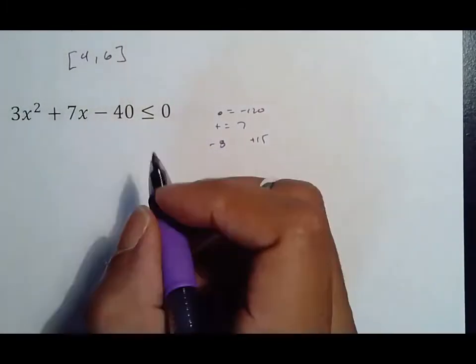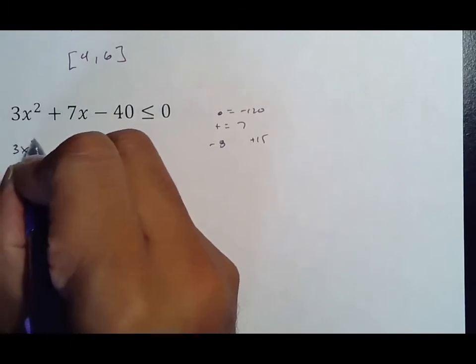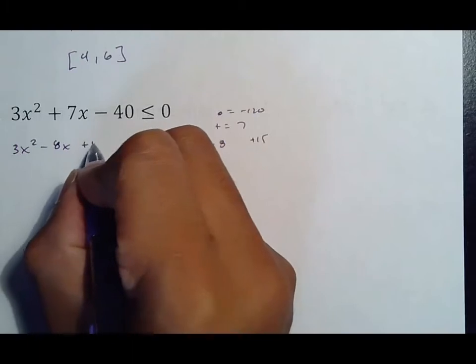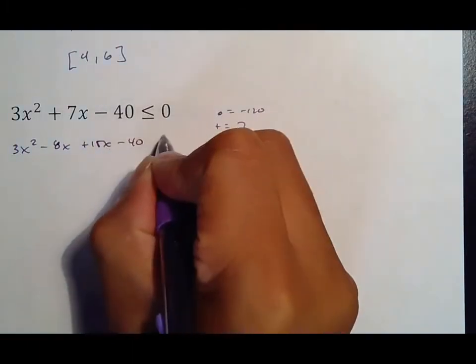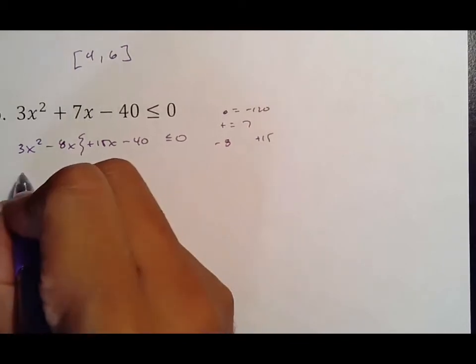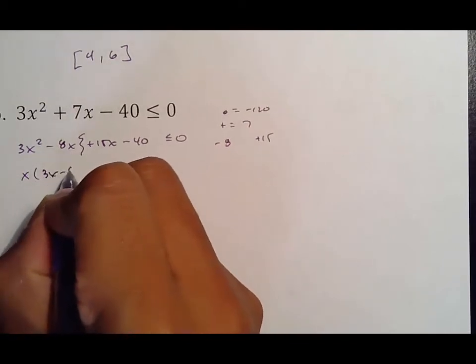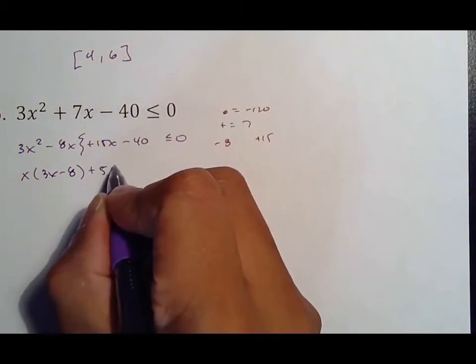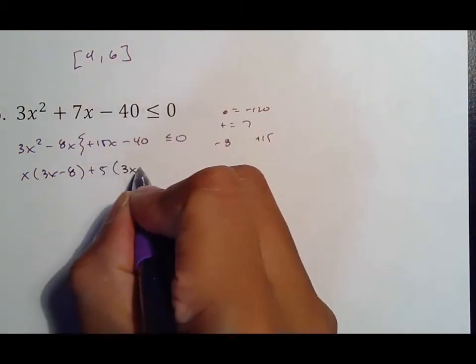But because there's a number attached, I have to do it what we call the long way, which is to split and group. Only thing I can take out of this is x. Copy the sign. I can take a 5 out of this, which would be 3x minus 8.